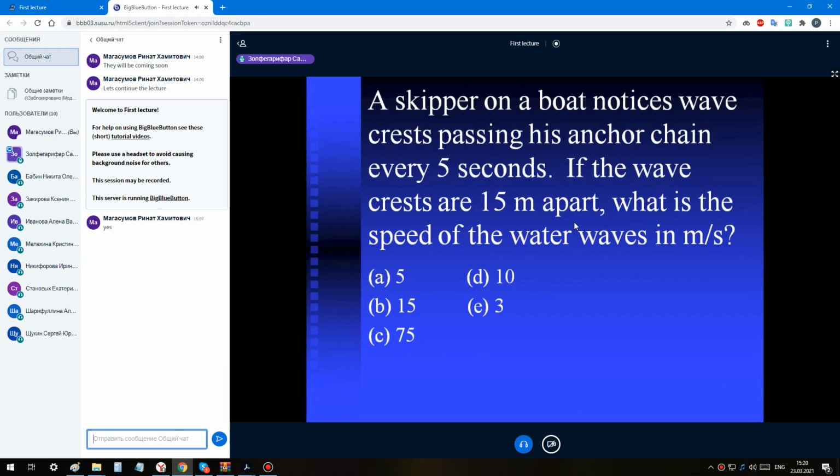A, 5. B, 15. C, 75. D, 10. E, 3. Which is the correct answer? The correct answer is 3, the ratio of 50 per 5.